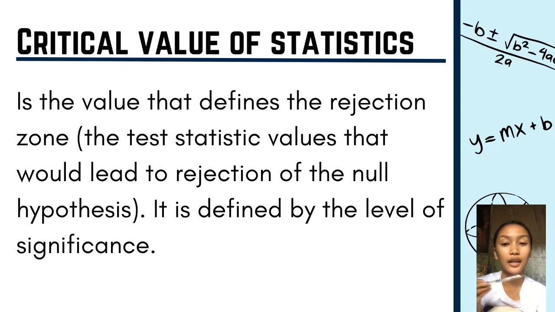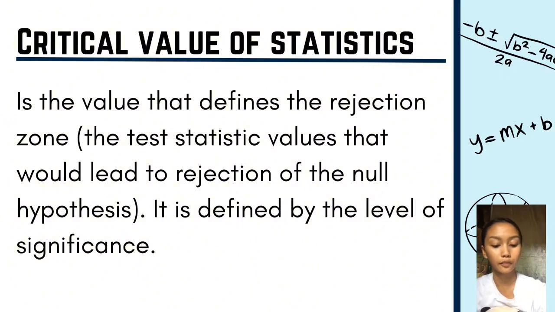However, if the test statistic is more extreme than the critical value, then the null hypothesis is rejected and the alternative hypothesis is accepted. In other words, the critical value divides the distribution graph into the acceptance and the rejection region. If the value of the test statistic falls in the rejection region, then the null hypothesis is rejected. Otherwise, it cannot be rejected.